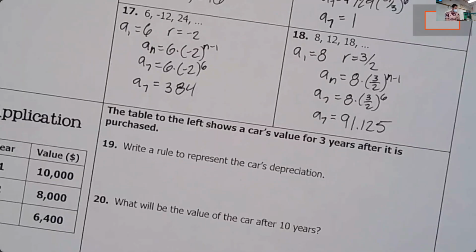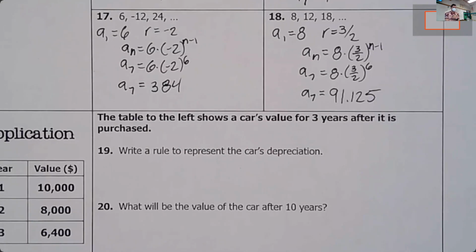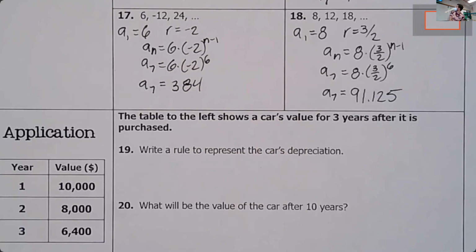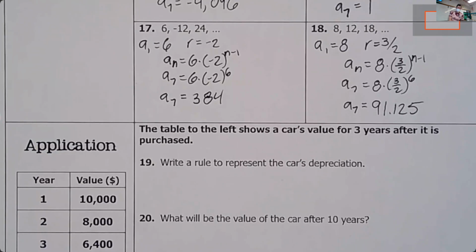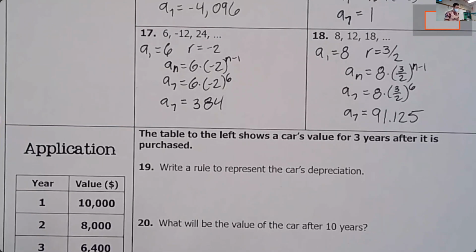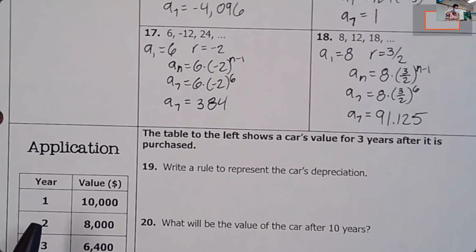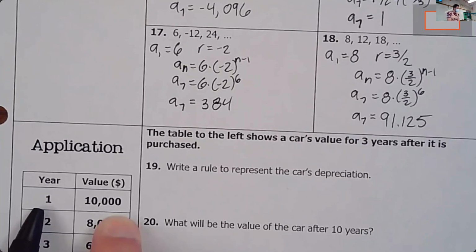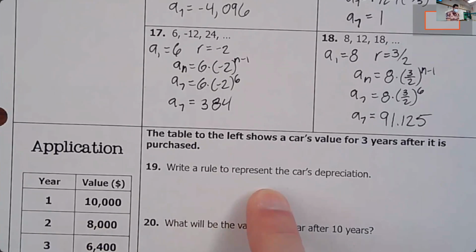We talked about depreciation yesterday with car values. It says the table shows a car's value for 3 years after it's purchased. Year one was worth $10,000. Year two is $8,000. Year three is $6,400. Write a rule to represent the car's depreciation.